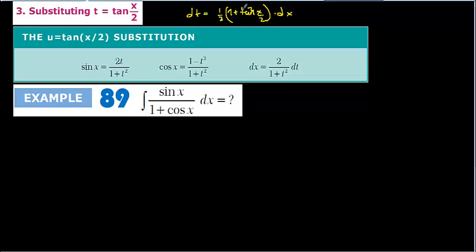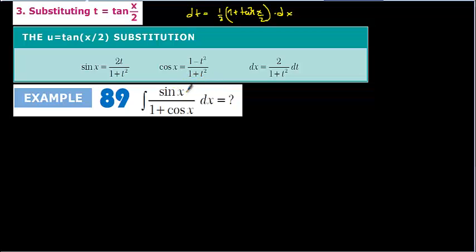And this 2 goes up, 1 plus tangent squared x over 2, and it's going to be 1 plus t squared because tangent x over 2 is t. When you send it to the other side, dx is going to be equal to 2 over 1 plus t squared dt.